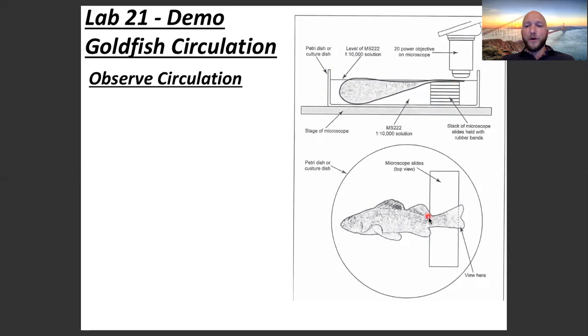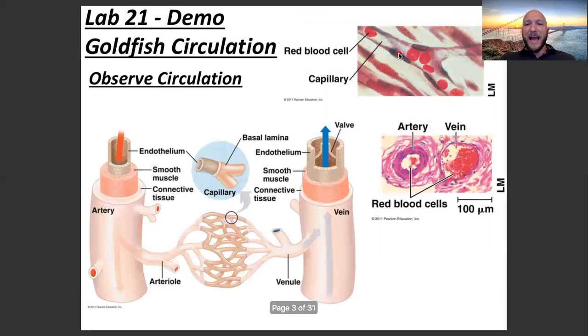Students can actually see individual red blood cells flowing through veins, capillaries and arteries, in real time. It's really, really cool.